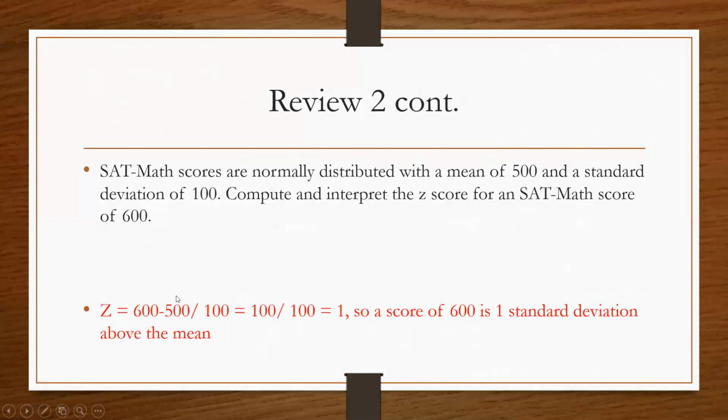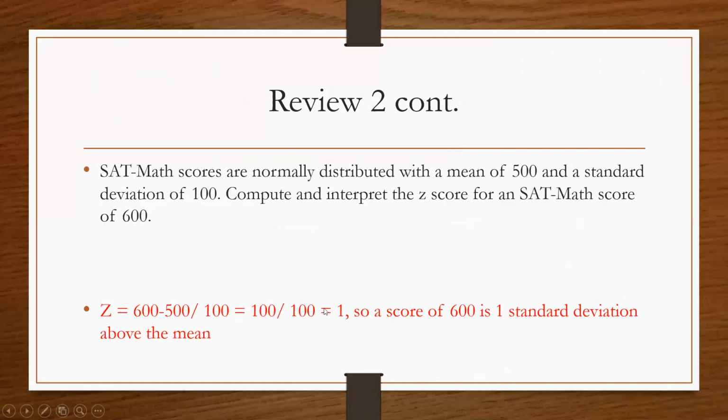The z-score is x minus x bar over the standard deviation. Since you have the mean of 500, that goes where the x bar is. Since you have a standard deviation of 100, that goes where the s is. And since it's asking you to find 600, that goes where x is. You plug it all in, you get 600 minus 500 over 100, which is 100 over 100, which is 1.